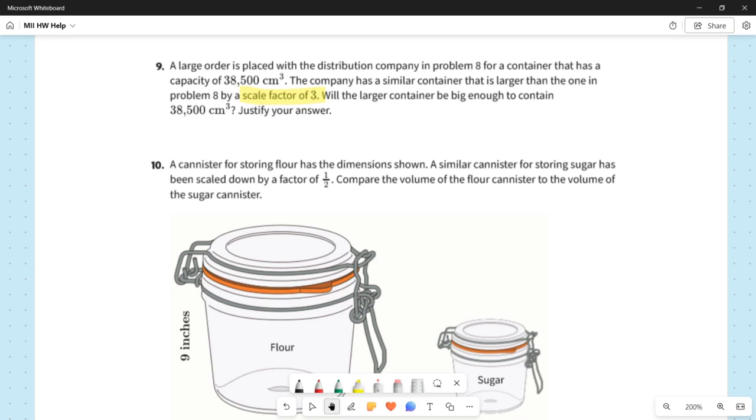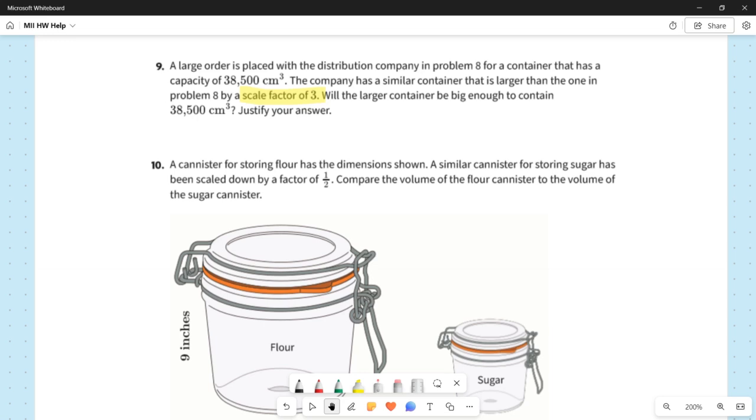Now, there's at least two different ways to do this problem. There's a longer way and then a shorter way. So we'll do the longer way first.